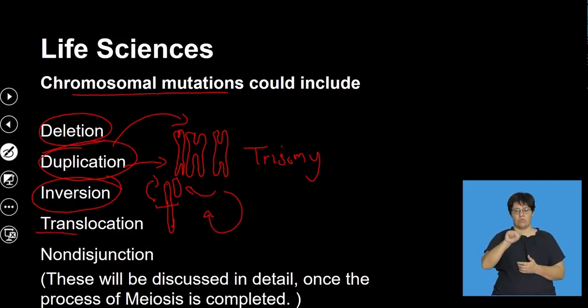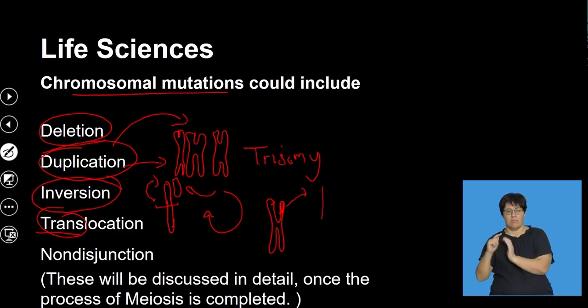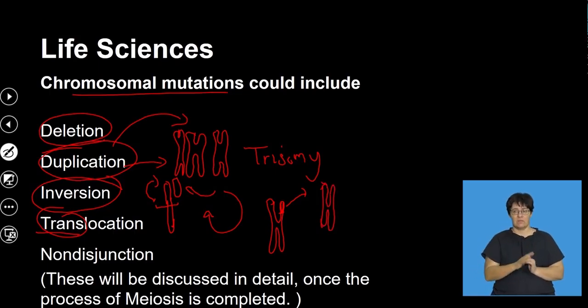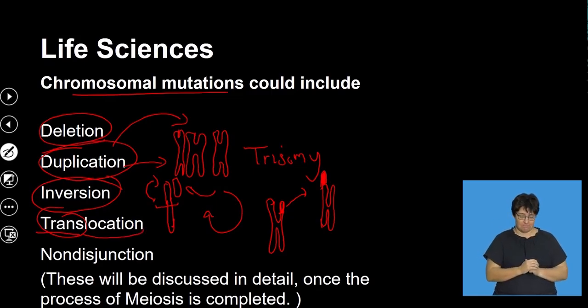The word translocation refers to changing the position, and translocation essentially refers to when a chromosome arm breaks off and then moves and reattaches onto a different chromosome, and we see now an attachment of a different chromosome onto an unrelated paired chromosome. So we refer to that as transferring or changing the position of a chromosome.